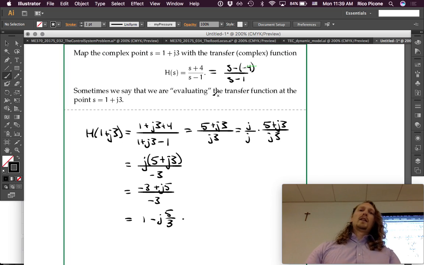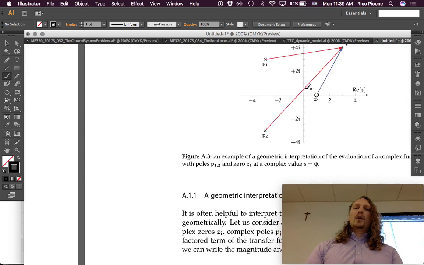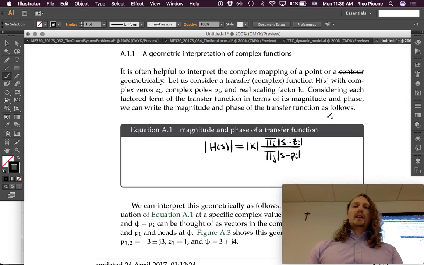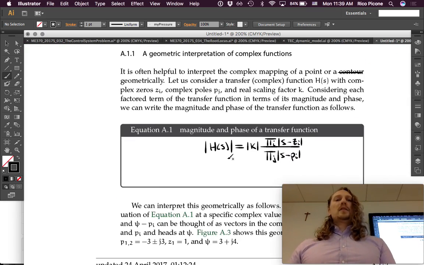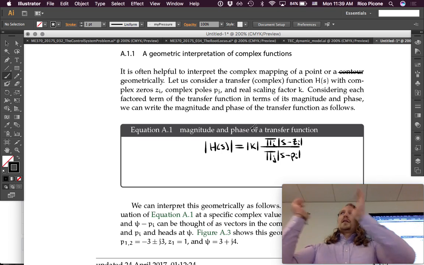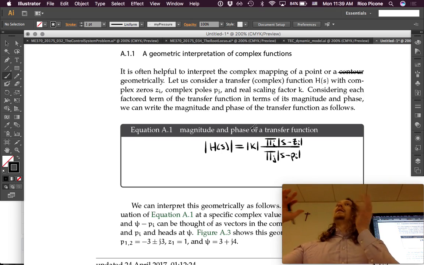So there's our zero, z1, and our only pole, p1. And we're going to rewrite it as just a magnitude. If you take the magnitude of a bunch of numbers that are multiplied together, you can take the magnitude of each number separately.